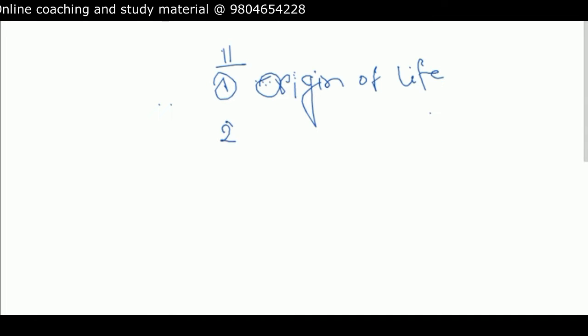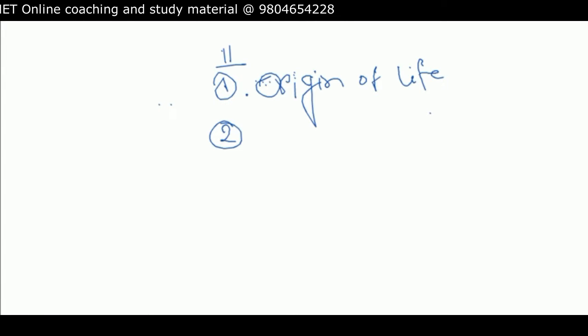Anyway, so what we intend to talk about here is that unit number 11 can be divided into different sections. Section number 1 will be the origin of life. From origin of life, they will ask you questions about the different steps of origin of life, that is the chemical evolution of life.